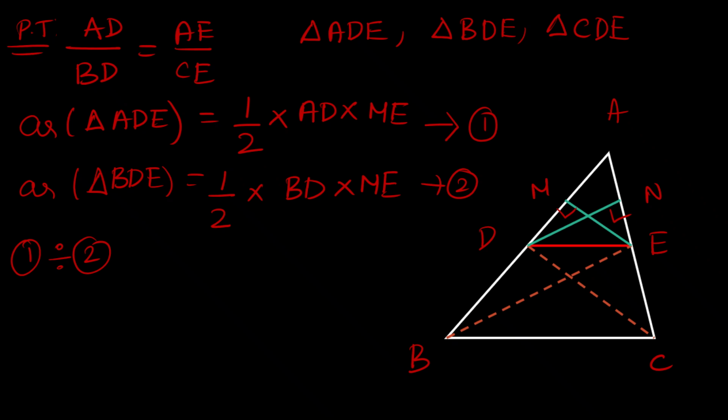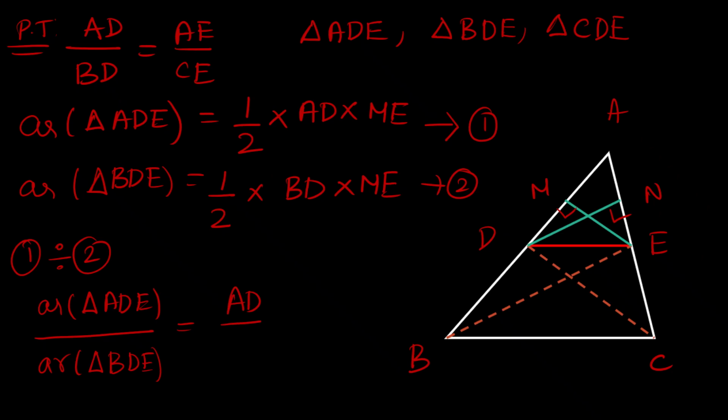That is, area of triangle ADE by area of triangle BDE is equal to AD by BD, because half gets cancelled and ME gets cancelled. So we got the LHS. Let me mark this as 3.